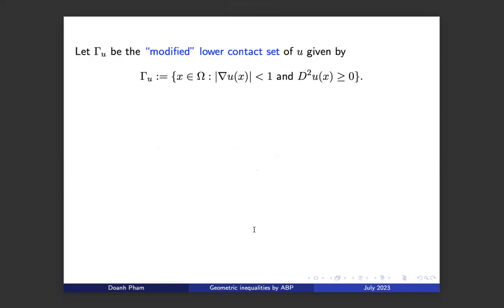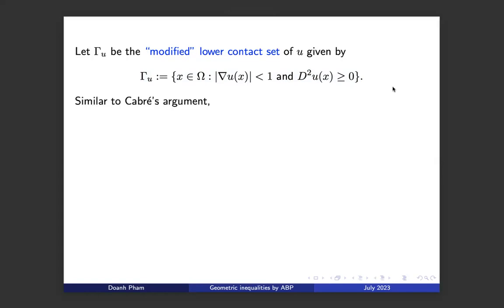Like in the observation that we made after the proof by Cabre, we pointed out two properties of the contact set that we actually need. So here we define the contact set like that. It is the set of points where the gradient of U is less than 1 and the Hessian is non-negative.